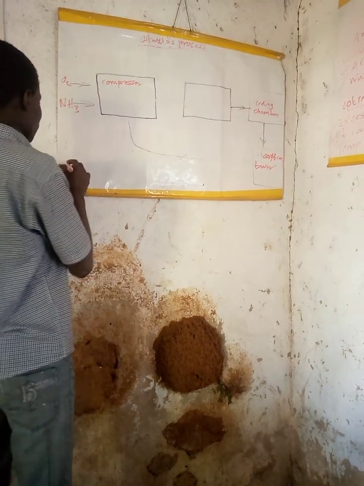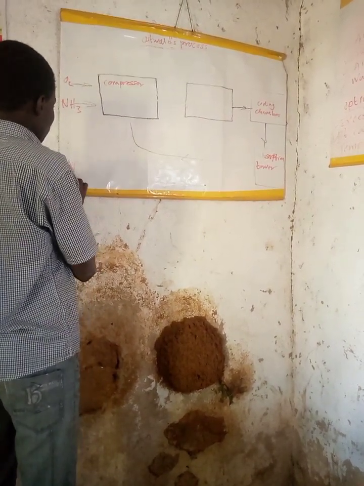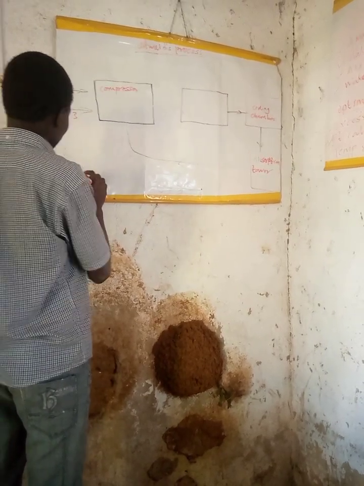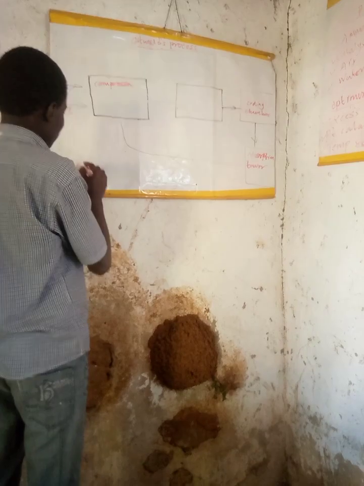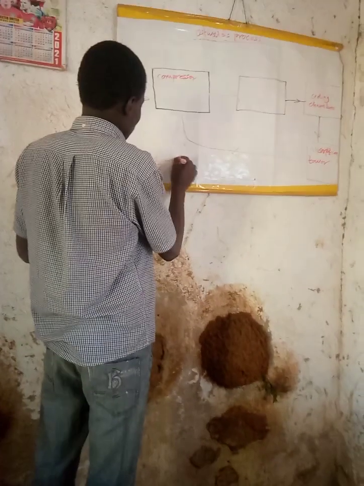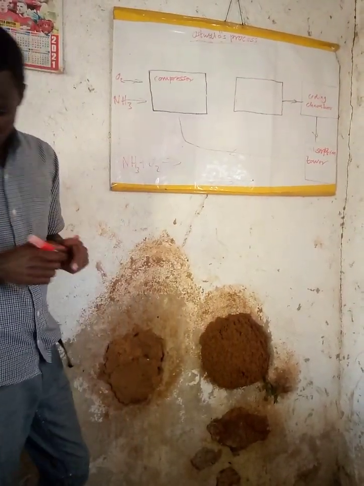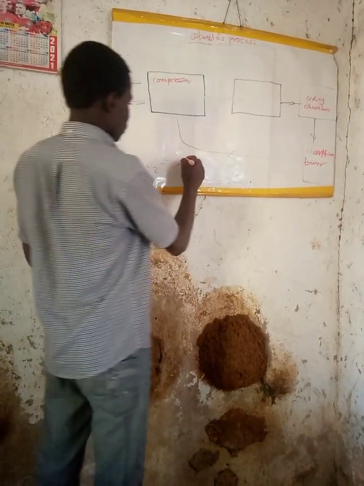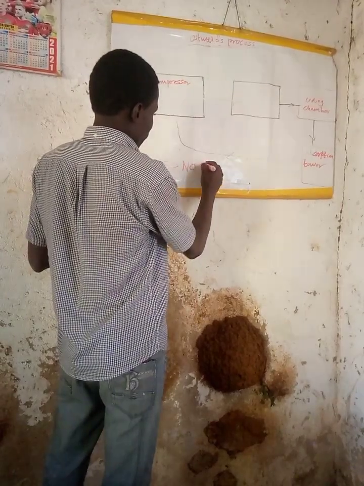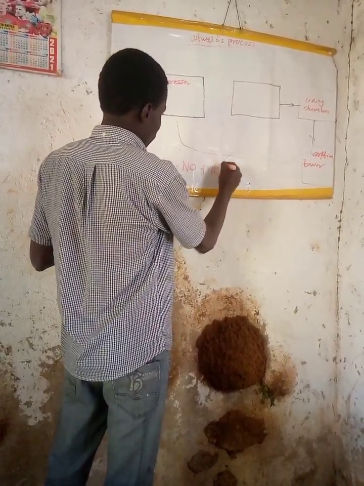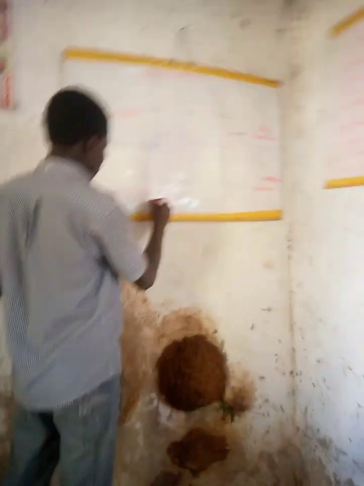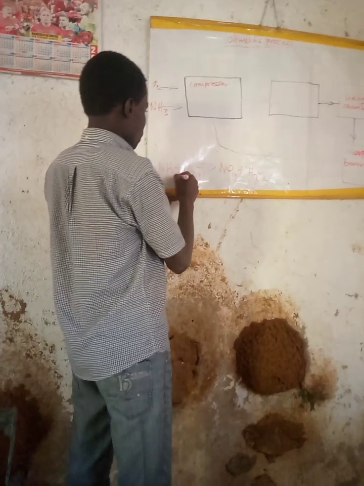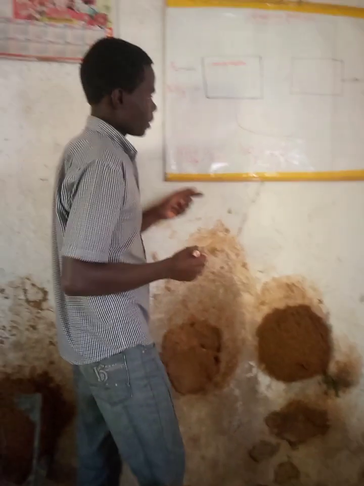So obviously you are going to have the equation. When you are asked to write the equation, you write the equation between ammonia plus oxygen. We are going to get nitrogen(II) oxide plus water. The ammonia is a gas.